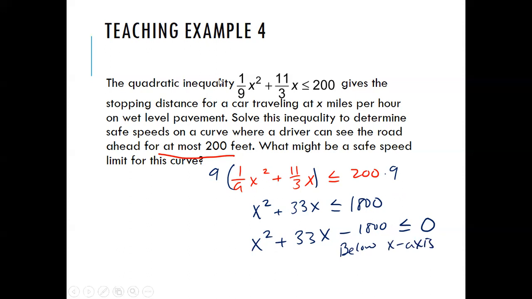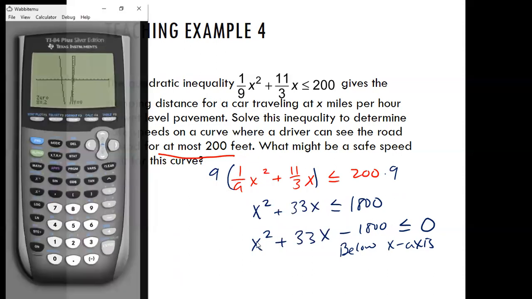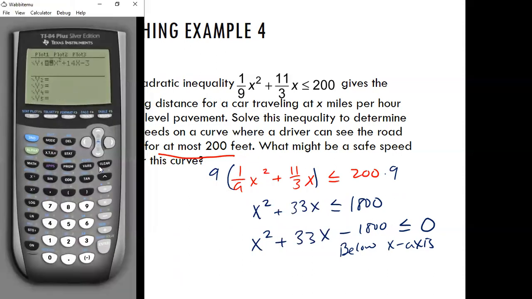Okay, so if I graph this, when is it below the x-axis? So I go to my calculator, I'm going to put in x squared plus 33x minus 1800. I'm going to hit graph, let the calculator do some thinking. And I'm like, oh no, I see nothing. Well, guess what? I need to do some zooming.